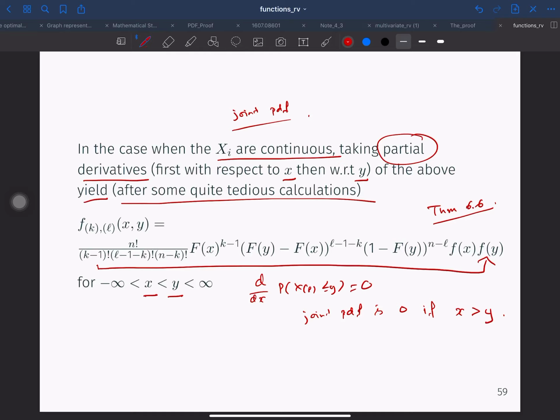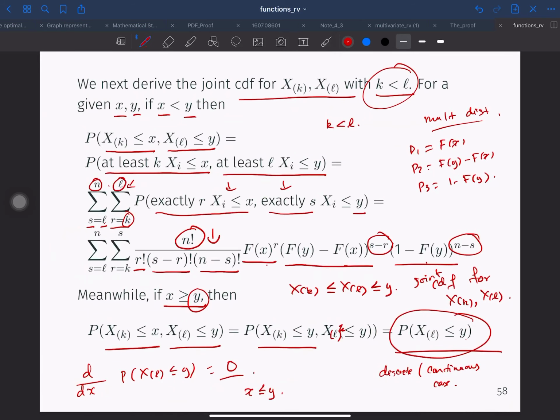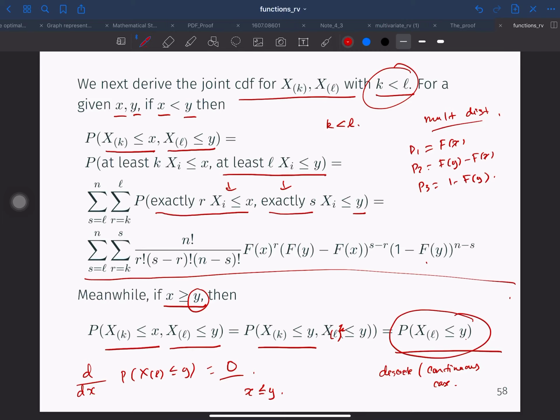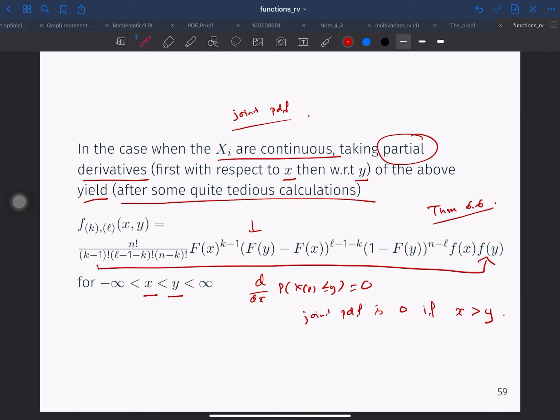And you don't have to worry about equality, because the probability of equality is always 0. So in any case, this is the joint PDF, and it is obtained by taking the derivative of this expression here. But I will warn you that it is a very, very tedious calculation.